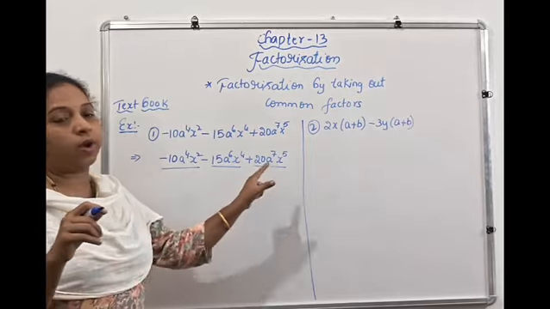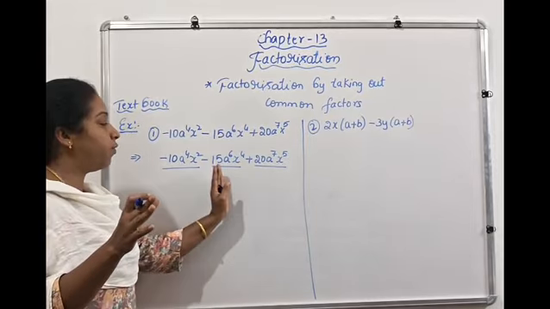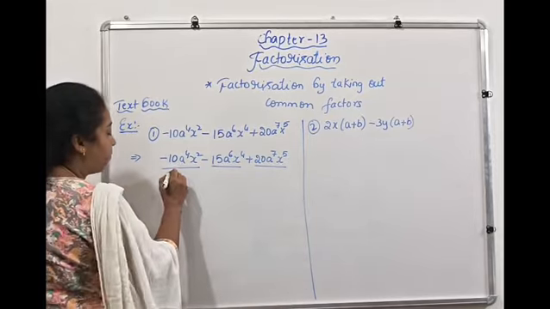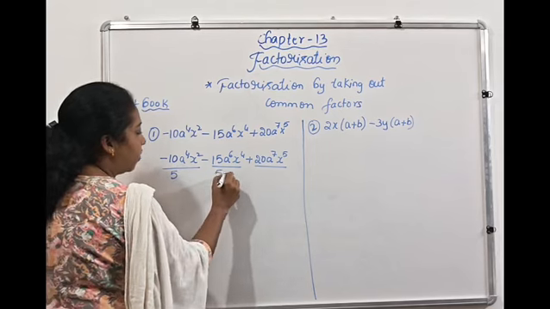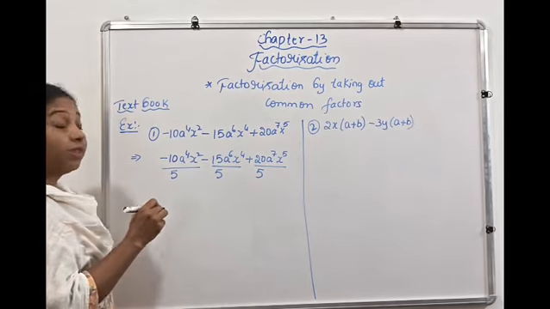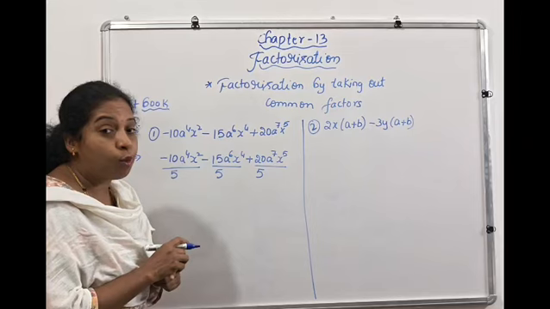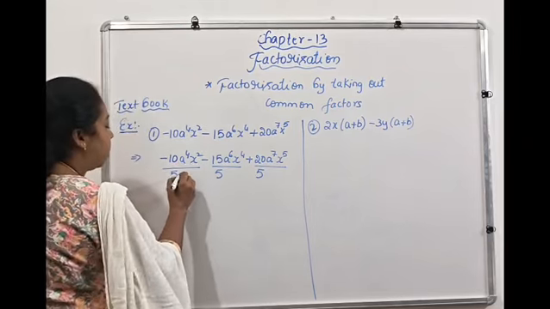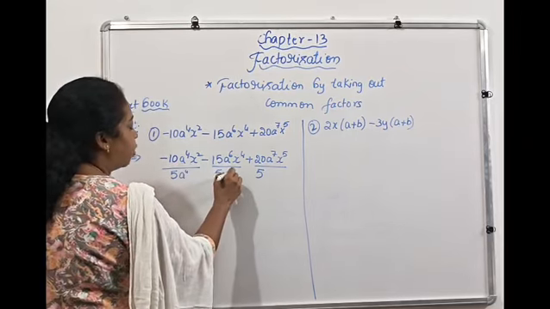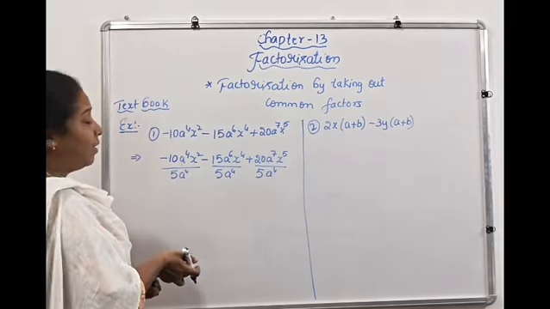So for 10, 15, 20, the common number to divide all of them is 5. Then the powers of a are 4, 6, 7. Which is the smallest one? a to the power of 4 will be common for all the terms.